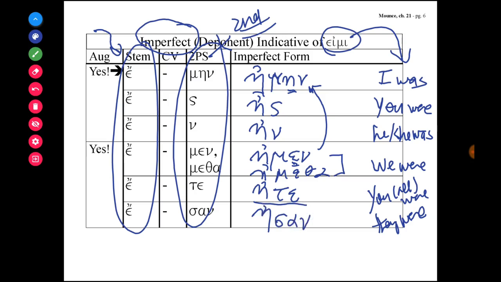And these are the forms for the imperfect of εἰμί. Let's say it together one more time. ἤμην, ἦς, ἦν, ἦμεν or ἤμεθα, ἦτε, ἦσαν. Let's say it one more time. ἤμην, ἦς, ἦν, ἦμεν or ἤμεθα, ἦτε, ἦσαν. And that concludes our module.